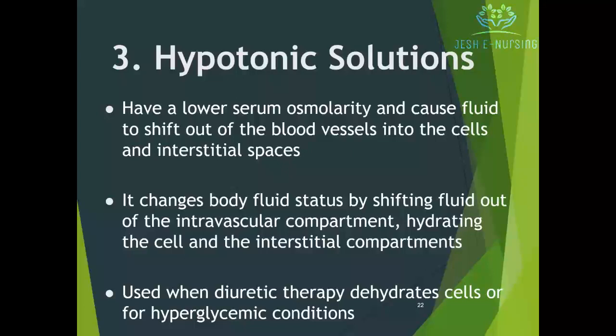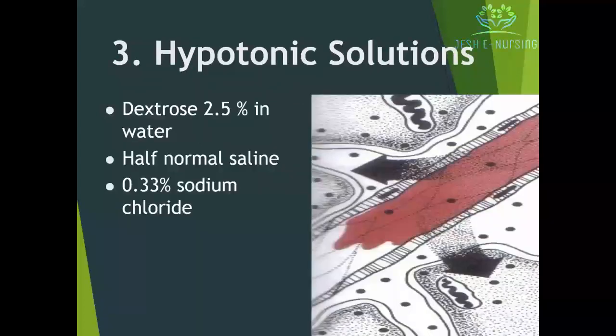It is used in cellular dehydration, for example with diuretic therapy or hyperglycemic conditions. Examples of hypotonic solutions are dextrose 2.5% in water, half normal saline, and 0.33% sodium chloride.